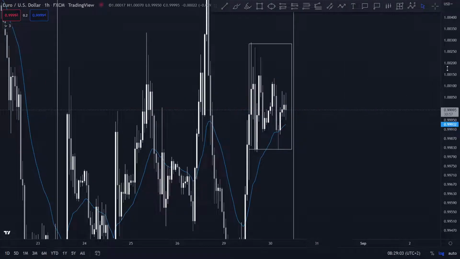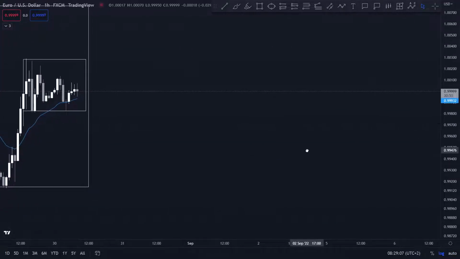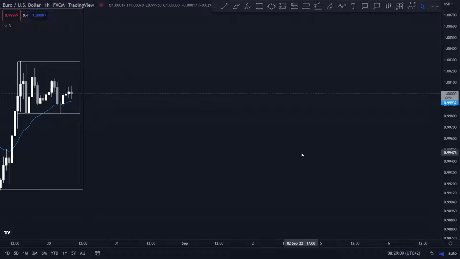Also on the 60-minute time frame, this looks like a bull flag. You see this pattern, what do you want to be doing? Going long.